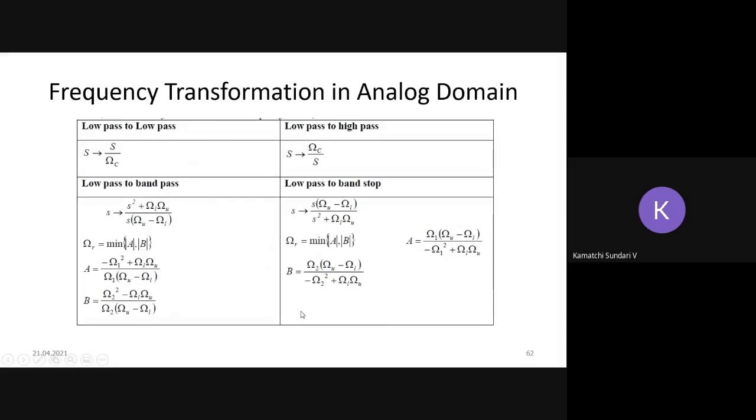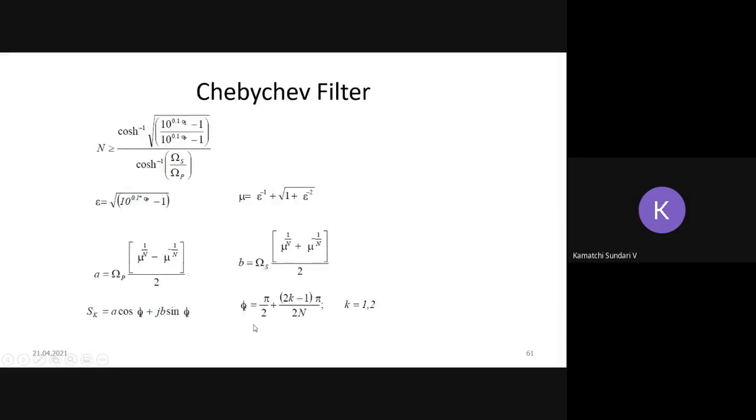After calculating all these, you have to write your H of s denominator as (s minus s1) into (s minus s2) into (s minus s3), and likewise for the denominator portion. For the numerator portion, it depends upon the order N, whether it is an odd number or an even number.